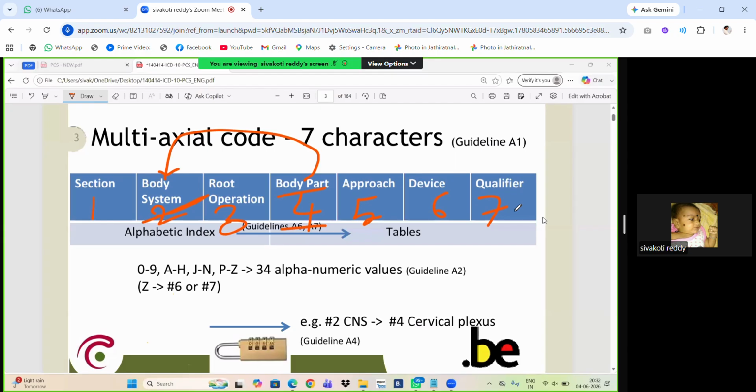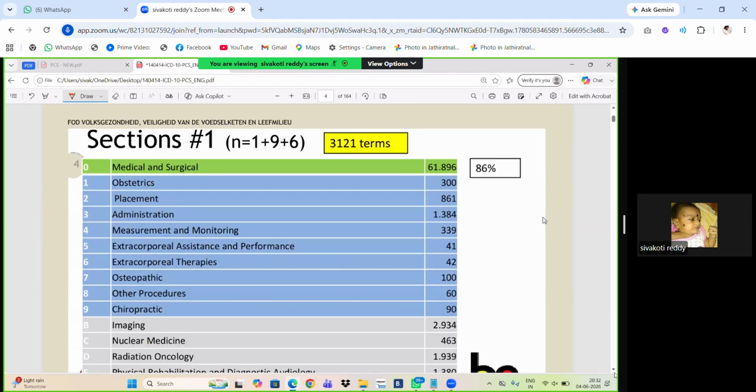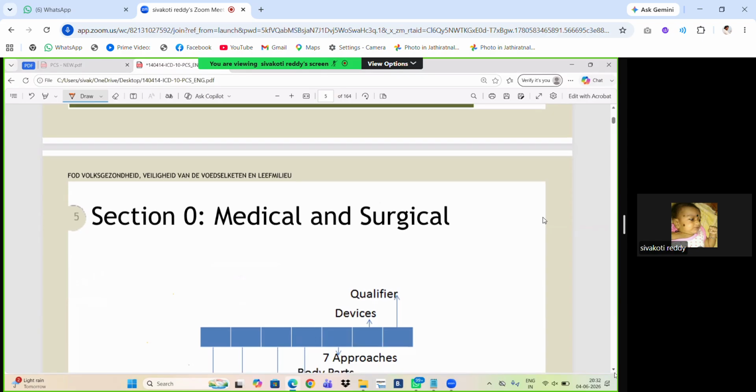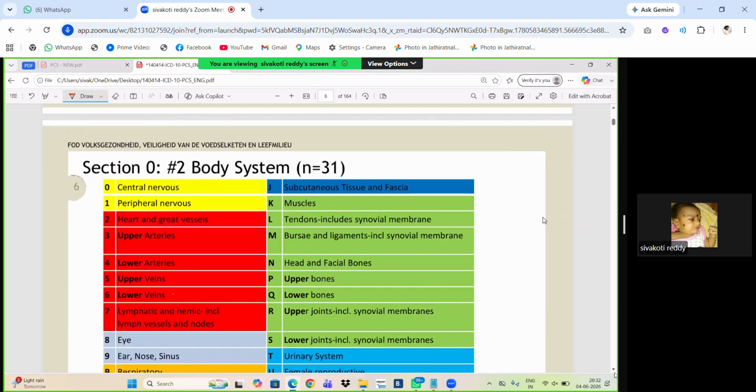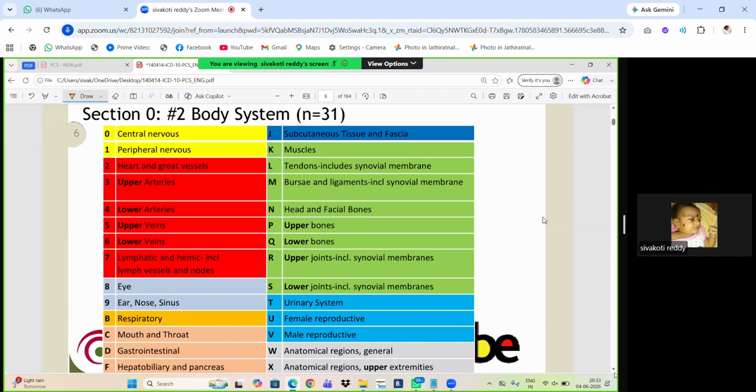Got it? So in total we have 31 body systems in the PCS code. Normally there are 12 anatomical body systems, but here they elaborated more, for a total of 31 body systems. Each body system has its own value. These are fixed values, guys.